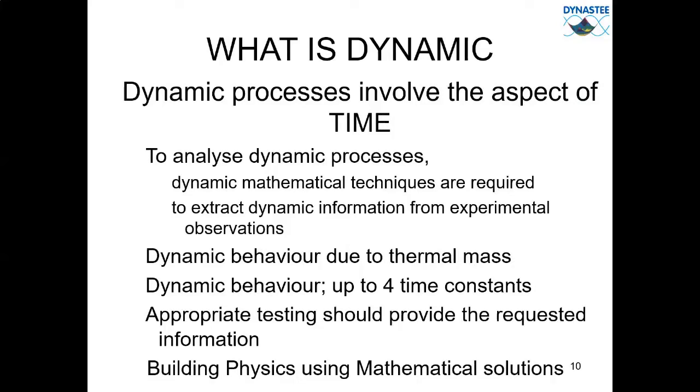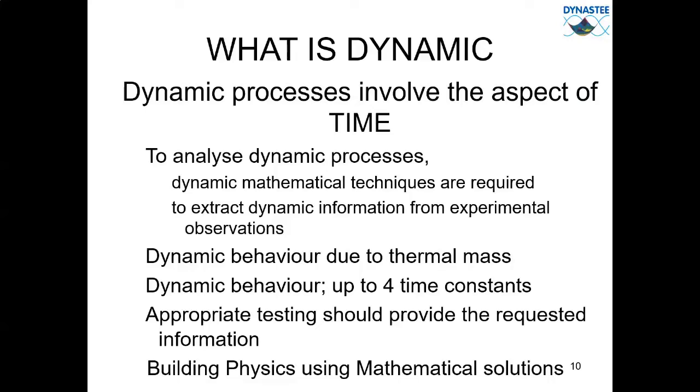In the built environment, dynamic behavior is importantly present due to the thermal mass of the object, whereas outdoor environmental conditions are variable. The dynamic behavior can be assessed up to 4 time constants. It can be at yearly level, seasonally, daily, hourly, or even shorter. Often only 2 time constants are considered.